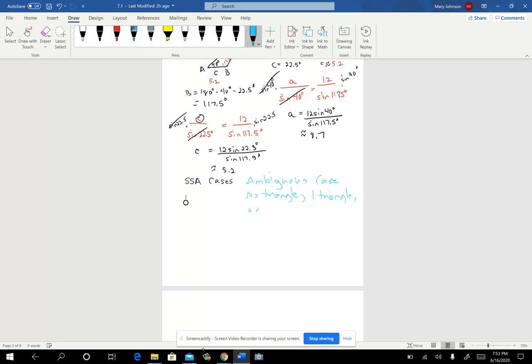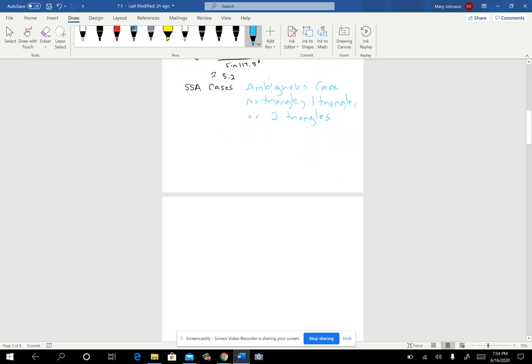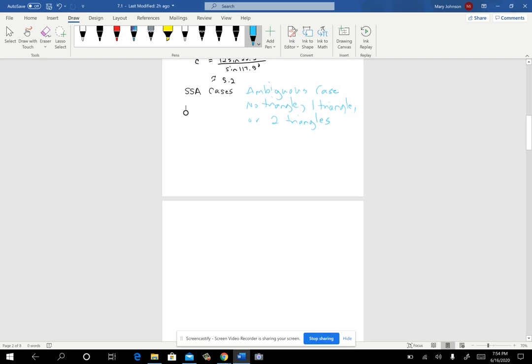Or you could have two triangles, and it just depends on the given information which situation you're going to wind up having. I normally don't figure out ahead of time whether I'm going to have none, one, or two. I just go ahead and work the problem to the best of my ability, but I reason out whether there's more than one possibility or not.